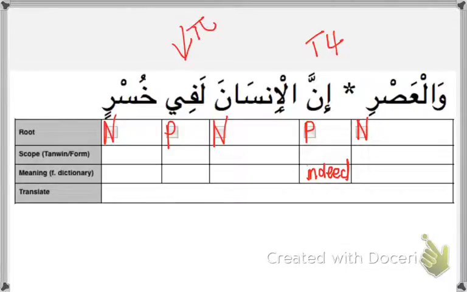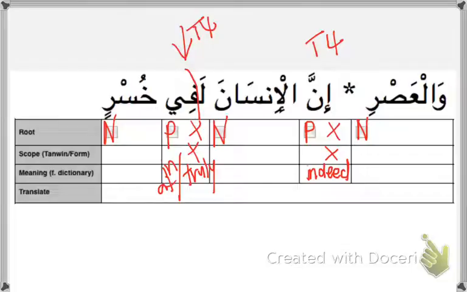Same, we go to table 4 and you have to break it. So La would mean truly, and Fi would mean in or at. There's no root for this, so you don't have to find the roots and scopes for that.